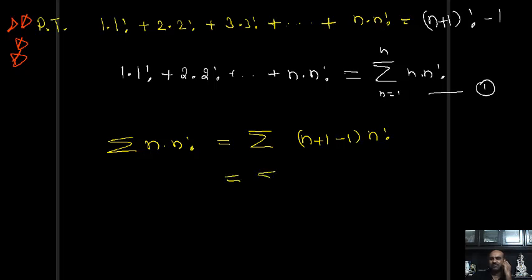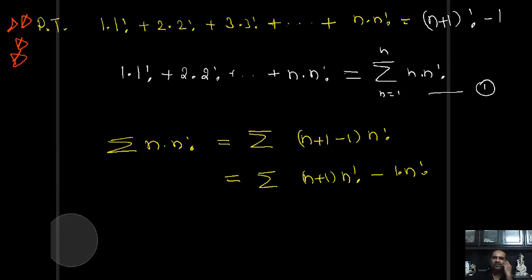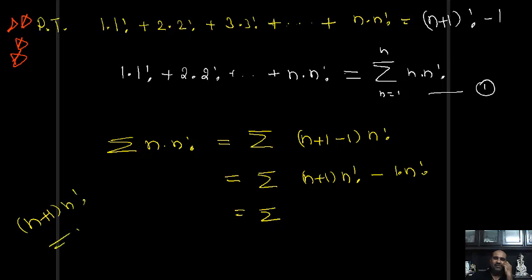This is equal to sigma of (n plus 1) into n factorial minus 1 into n factorial, just multiplication, just like (a plus b) into n factorial means a into n factorial plus b into n factorial. Observe, (n plus 1) into n factorial means (n plus 1) factorial only.